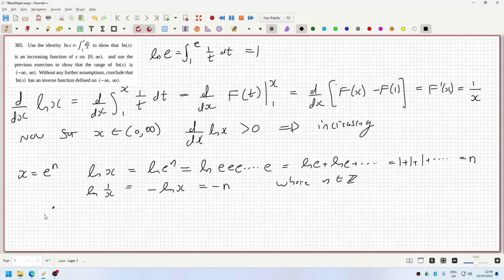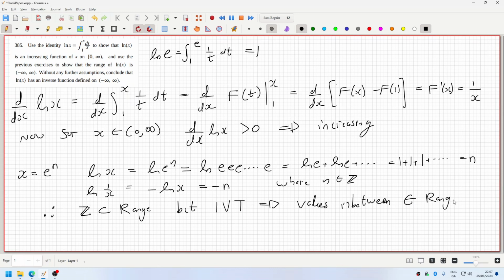So therefore, the integers are a subset of the range, but the intermediate value theorem implies that the values in between also are part of the range.